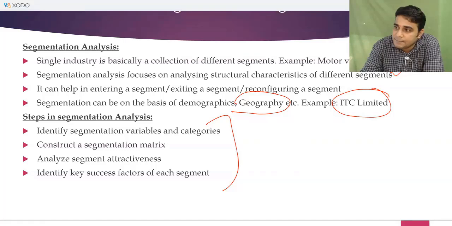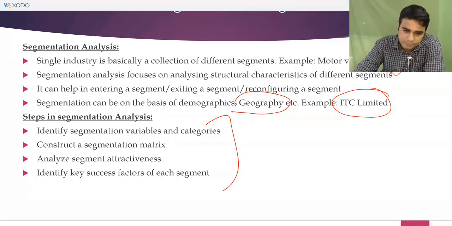The multiple segments of the industry will help you give better focused promotion. It will help you reconfigure your value chain. You may decide to exit some segments and enter some segments, and you will have better profitability and better customer reach, because you are now focused on the segments where your unique strength lies, rather than being present across the entire value chain.